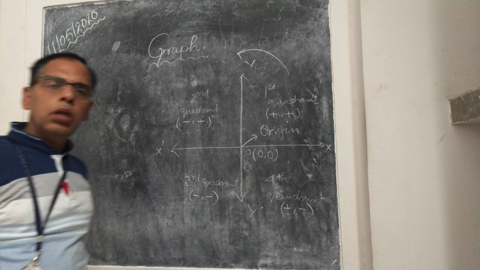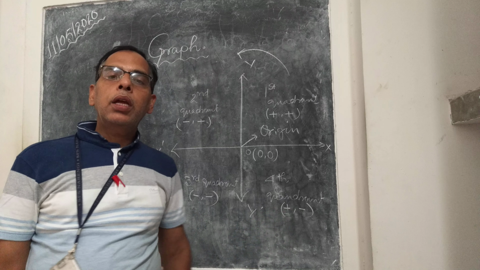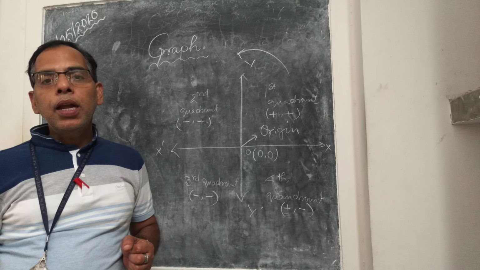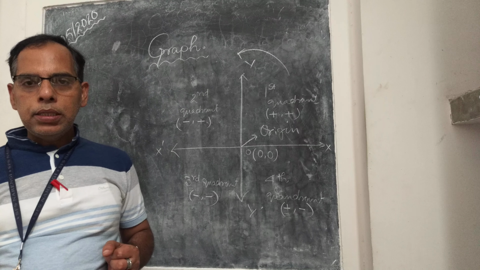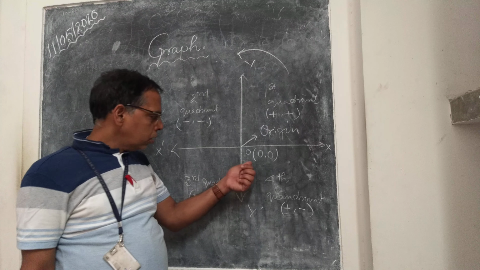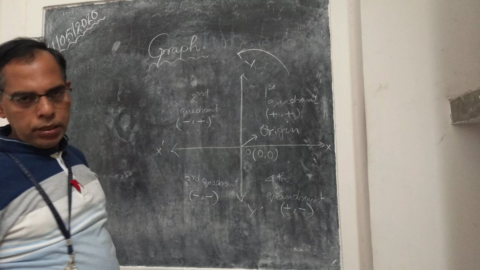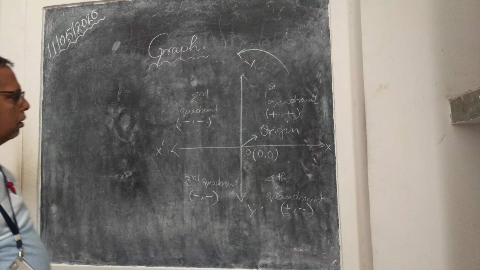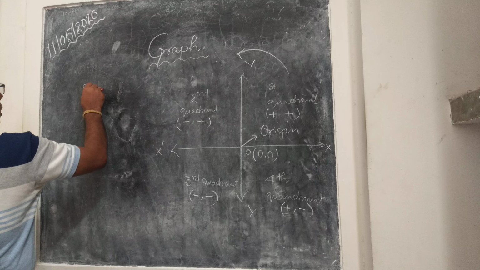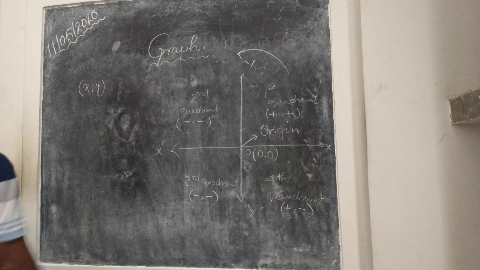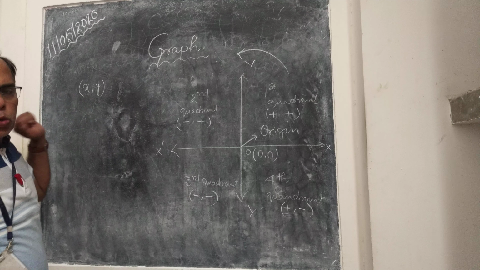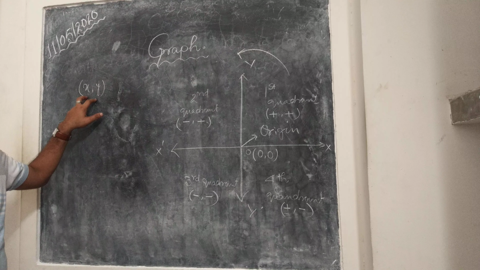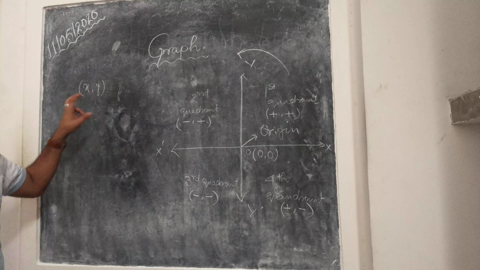Now other day I told you this is also known as the Cartesian coordinate system, in honor of the great mathematician René Descartes. Next, let's see x and y. How many things have we written together? Two things. That's why it is known as an ordered pair.